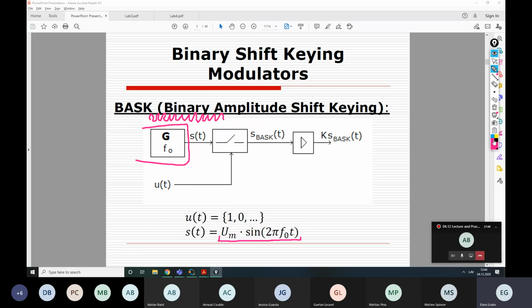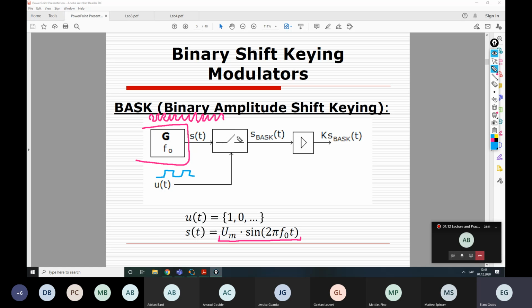Here is our data at the second input, which basically turns some switching device on and off. This is some kind of electronic switch, which can be operated by a voltage level. For example, a transistor. That's the simplest device which can be used as this switch. And the idea is very simple.